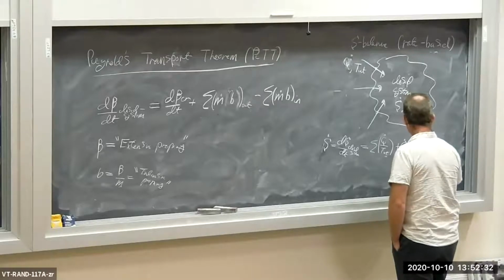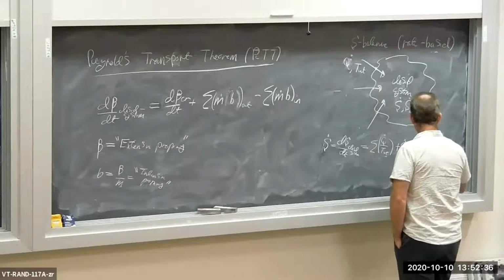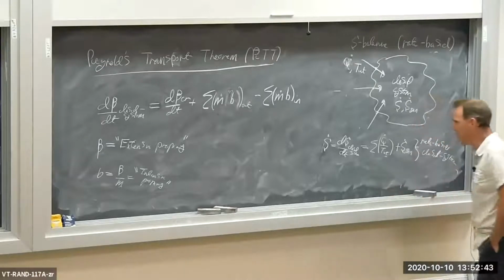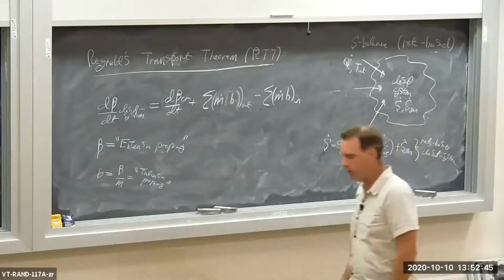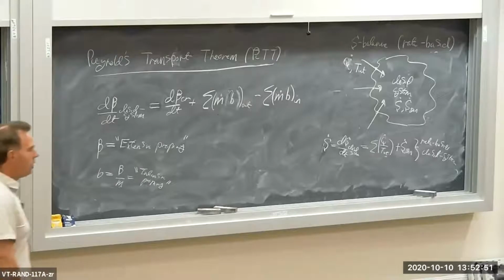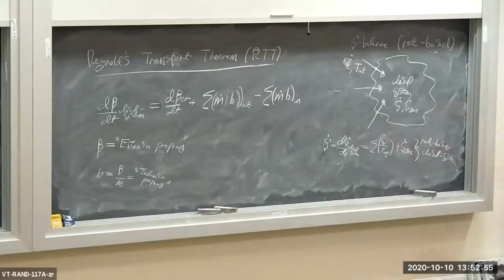So this is the rate-based closed system S balance. So S dot within my closed system, or dS/dt within my closed system, is equal to the sum of all entropy transfers due to heat interactions plus any entropy generation within the system due to irreversibilities. That's what the S dot gen is about.